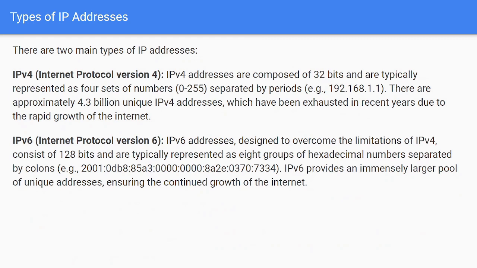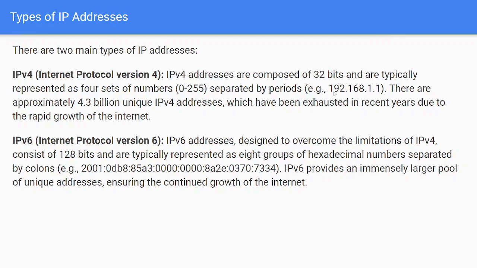So the next step is the types of IP addresses. There are two major types of IP addresses that we have: IPv4 and IPv6. Internet Protocol version 4, which is IPv4, is composed of 32 bits, which are typically represented as four sets of numbers between 0 and 255 separated by a period, like the example that we have here.